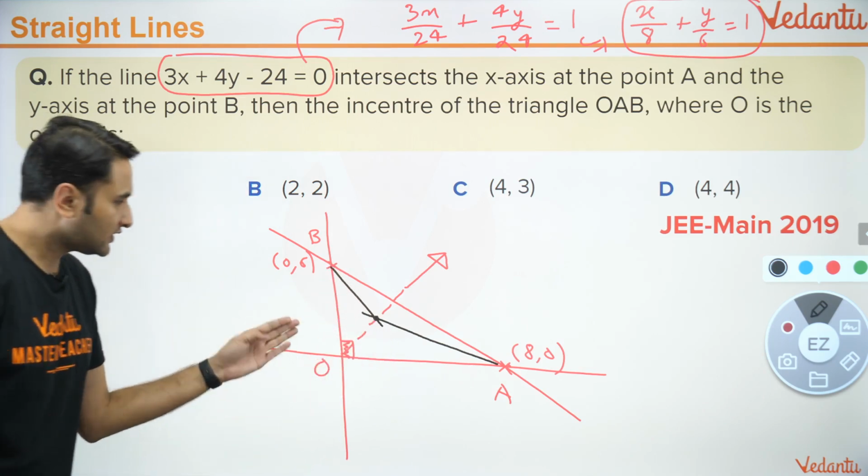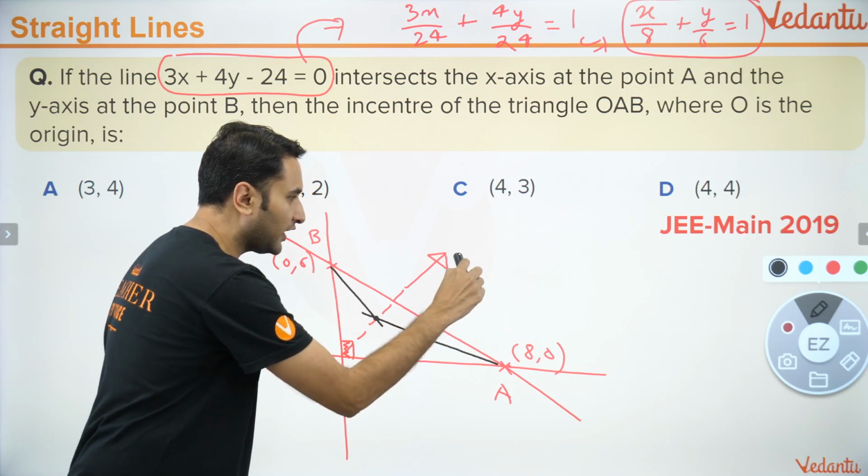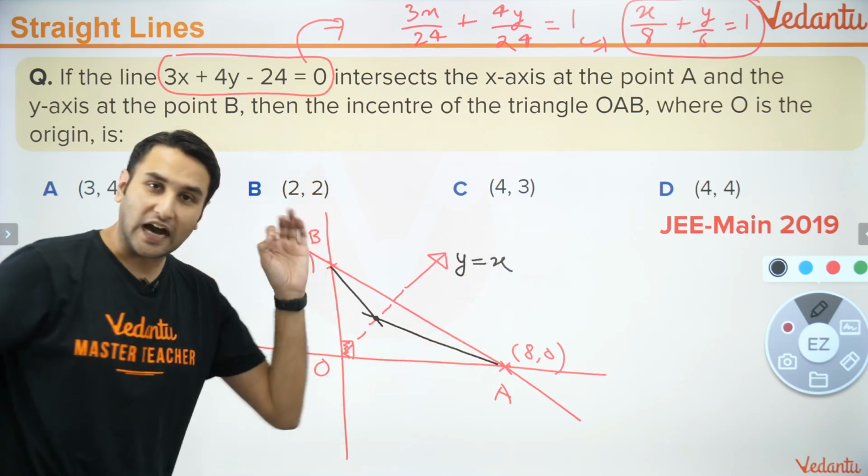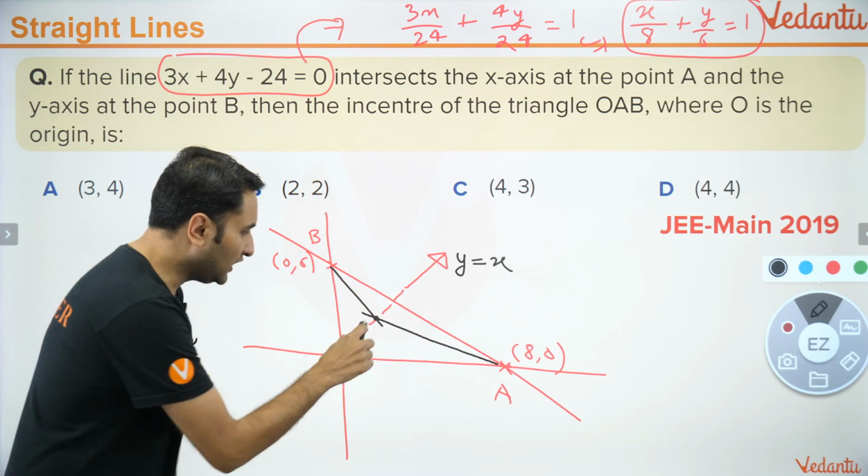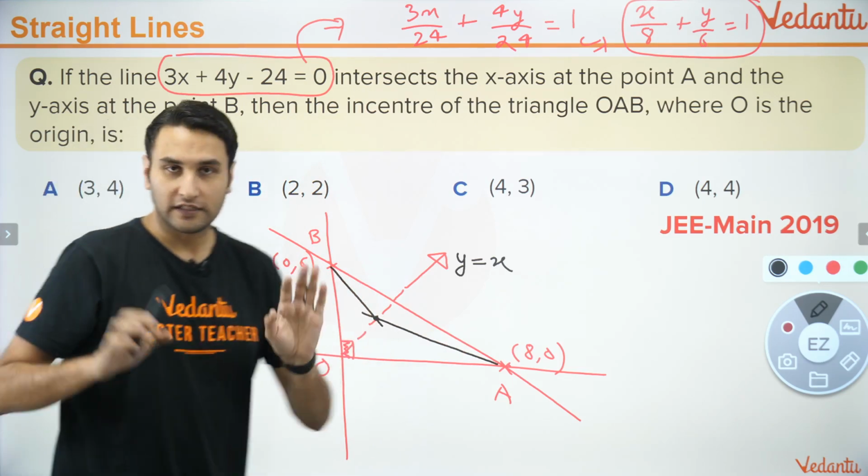Of course, since one of the angle bisectors is y equal to x, then it is guaranteed the in center will lie on y equal to x.